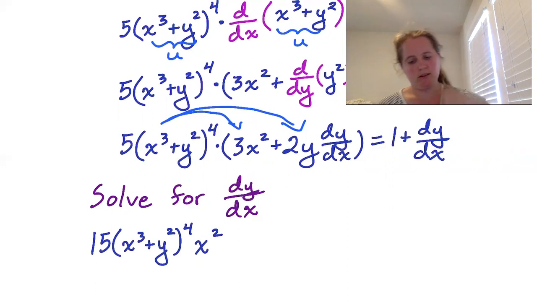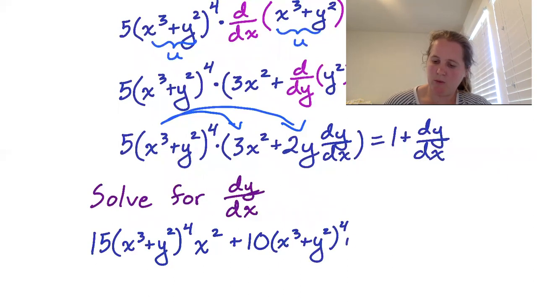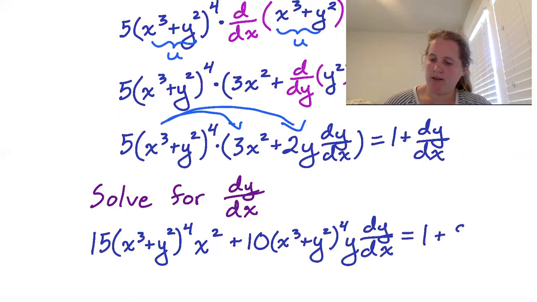So we have 15(x cubed plus y squared) raised to the 4th times x squared. And then factoring in the next becomes 10 times (x cubed plus y squared) raised to the 4th power times y times dy/dx. And this is equal to 1 plus dy/dx.